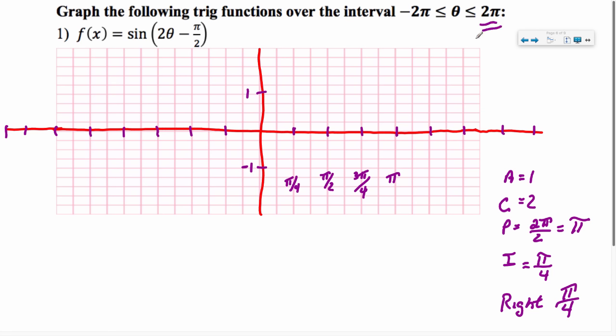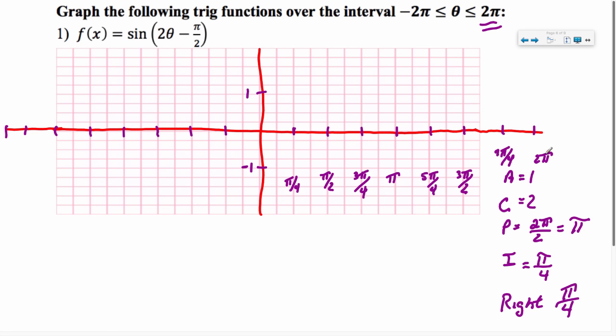So we have 5 pi over 4, 6 pi over 4, which is 3 pi over 2, 7 pi over 4, and 8 pi over 4, which is 2 pi.